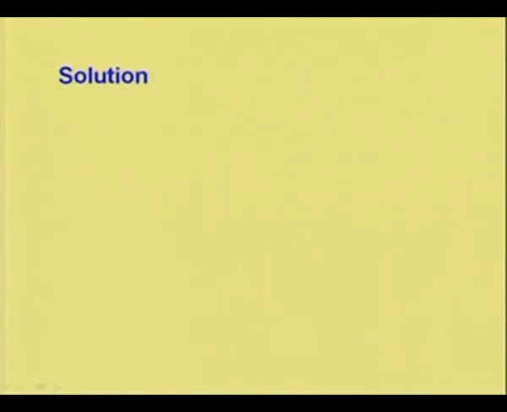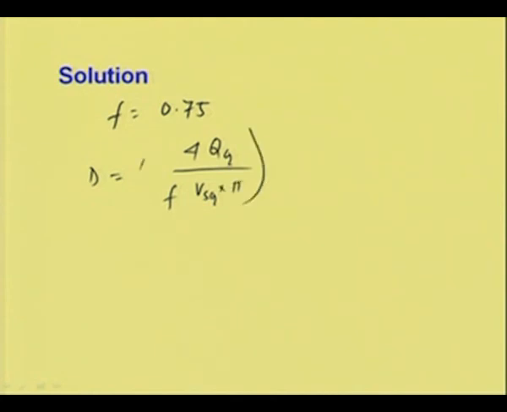Now, we can calculate the diameter. F is given as 0.75, and D we can calculate as 4 Qg by F Vsg into pi, to the power half.